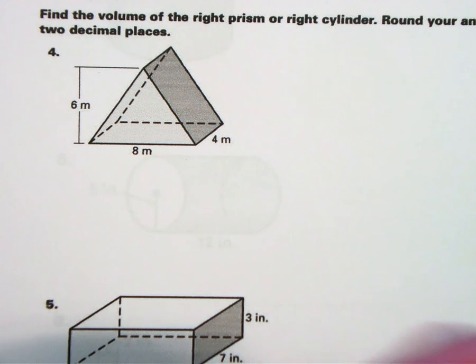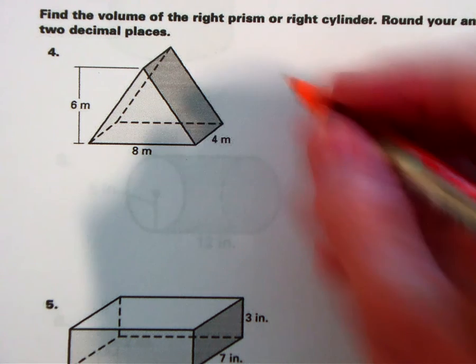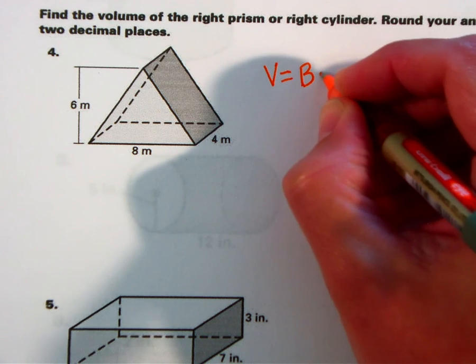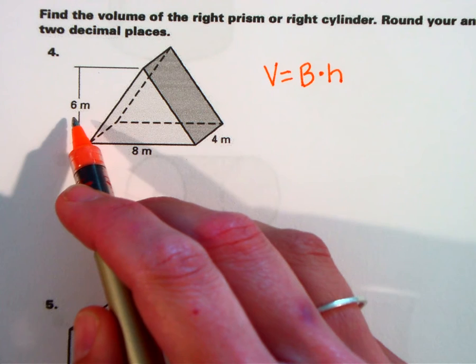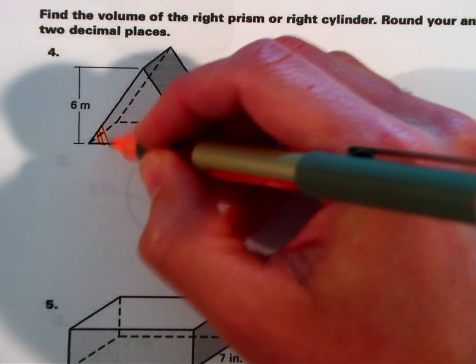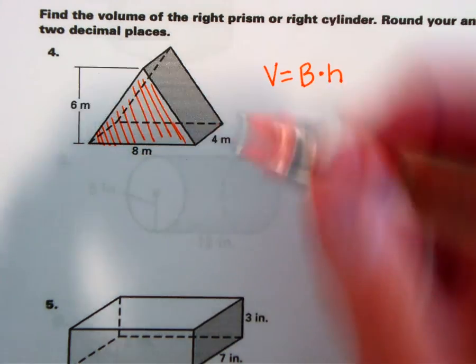Again, this, especially number 4, is tricky because what is the base? You find the area of the base, and then you multiply that times the height of the shape. The height of the shape is not 6. 6 is the height of the triangular base. So this one's very tricky.